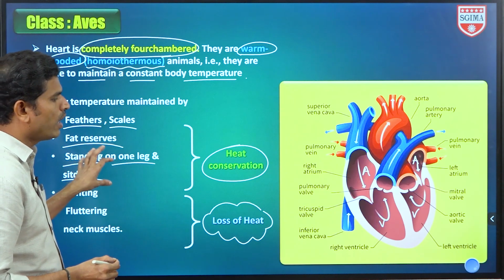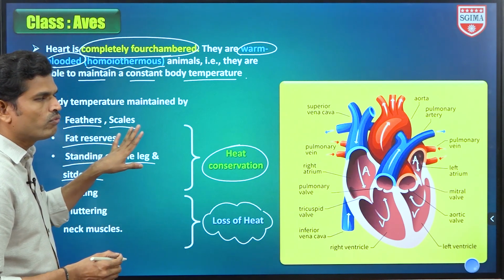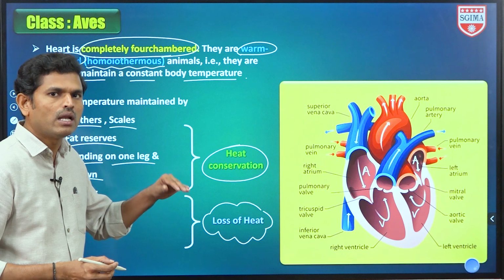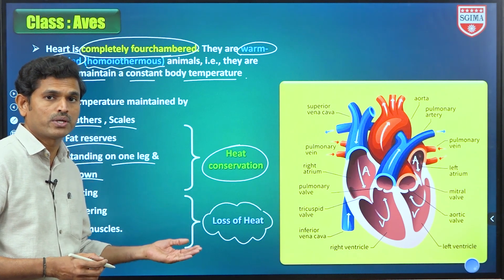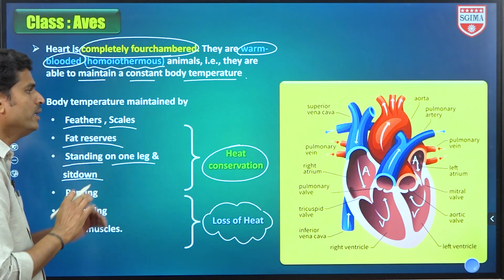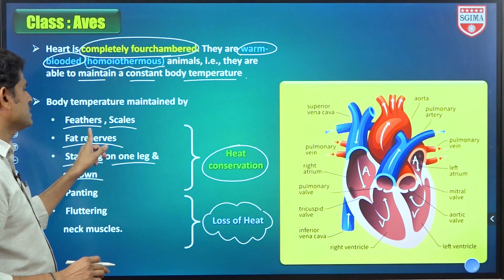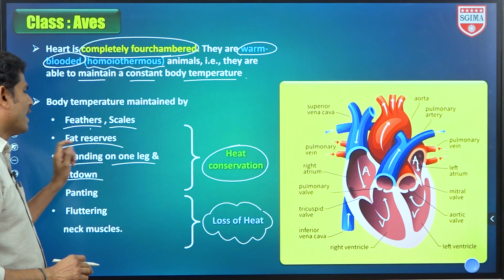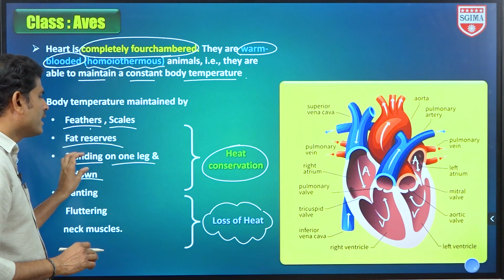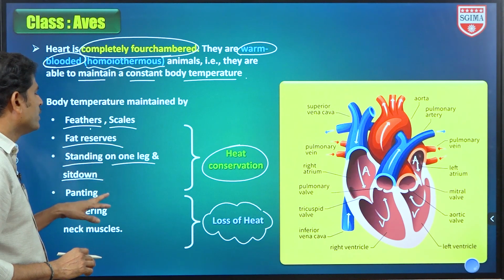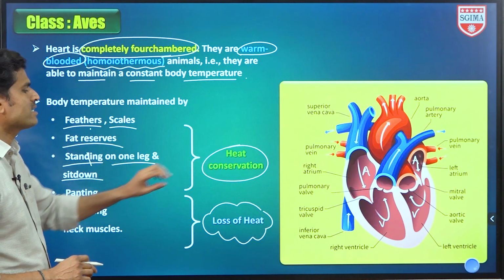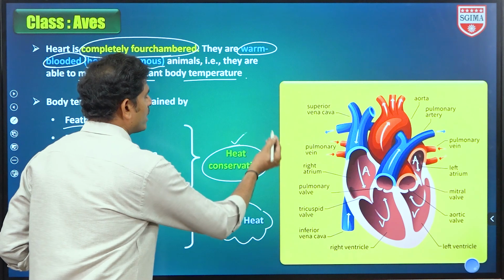So these two are also mechanisms which prevent the loss of body temperature, and maintain the body temperature. One is feathers, scales, exoskeleton, and fat reserves, and standing on one leg and sitting down. These mechanisms act like heat conservation mechanisms.